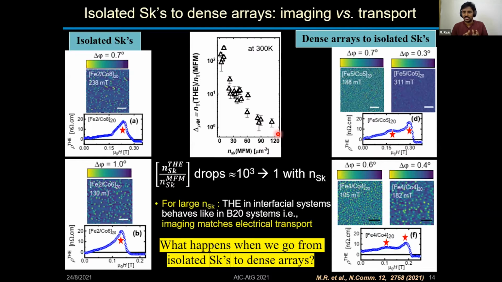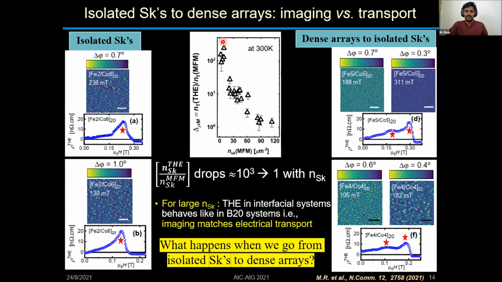This is a significant observation in terms of what is going on with respect to the Skyrmion configurations. The point here is that if we are able to pack as many Skyrmions as possible, the topological Hall effect in the interfacial system does approach that of B20 Skyrmion crystals, which was the debated point in interfacial systems.